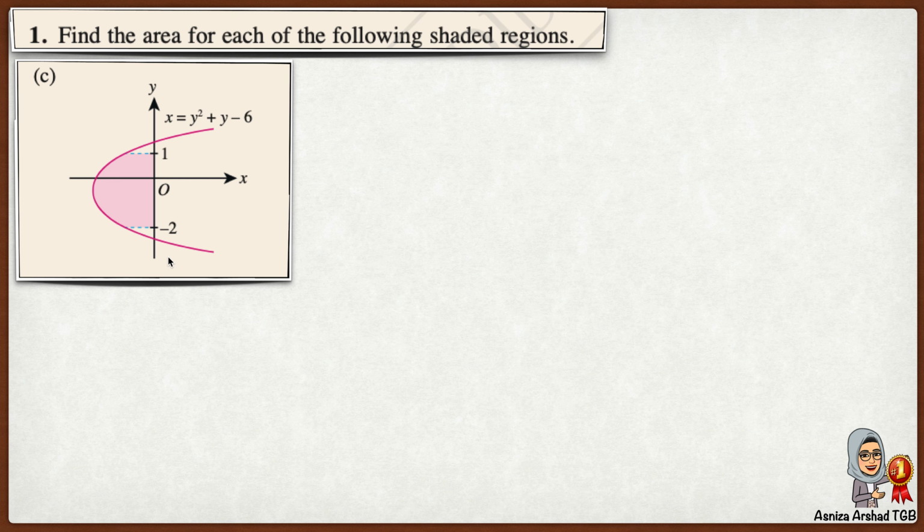To find the area, we find the integral from -2 to 1, because the shaded region starts from -2 on the y-axis to 1, of y squared plus y minus 6 with respect to y, dy.